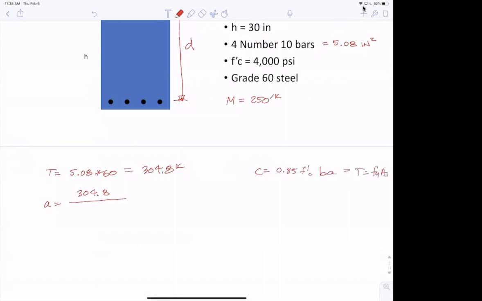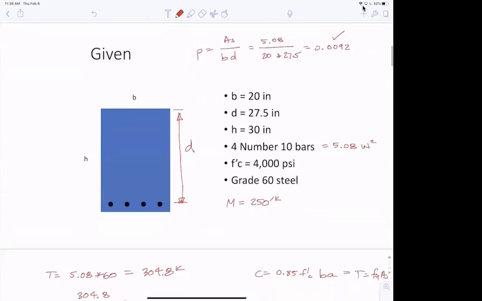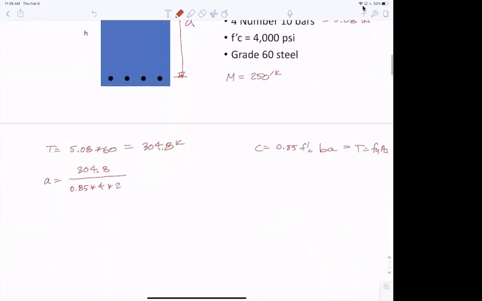Okay, so that's T in the numerator. So 0.85, 4, and the width was 20. Okay, so a is 4.48 inches.